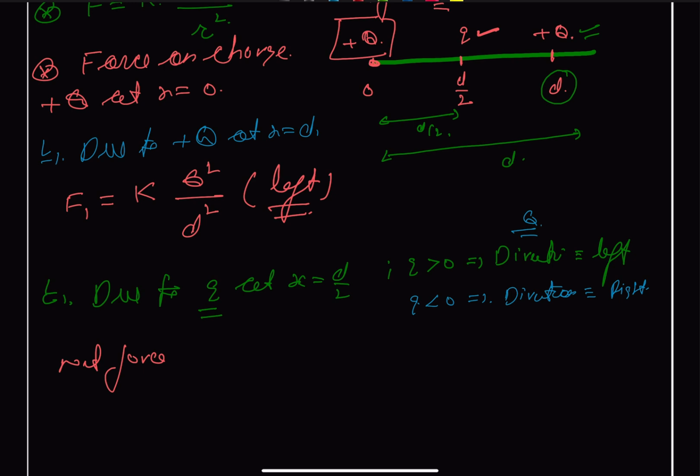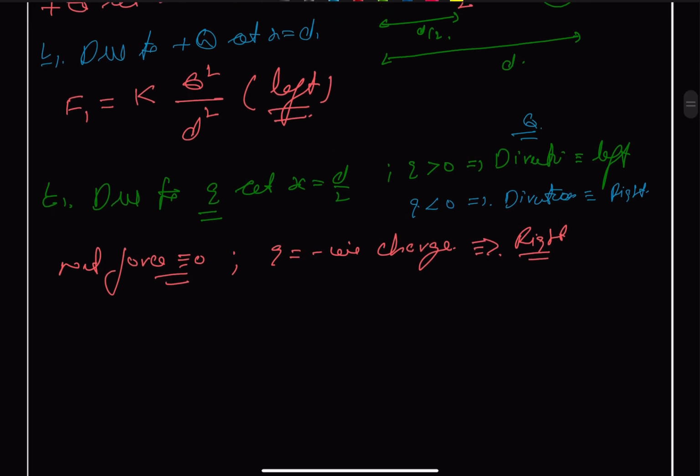Net force is given to be 0, therefore our q will be a negative charge, and the direction of the force on Q will be right. Under this condition only there will be net force equal to 0.